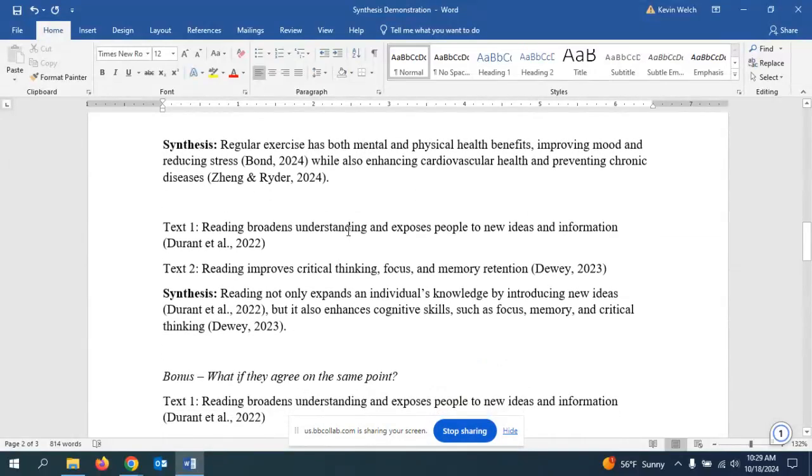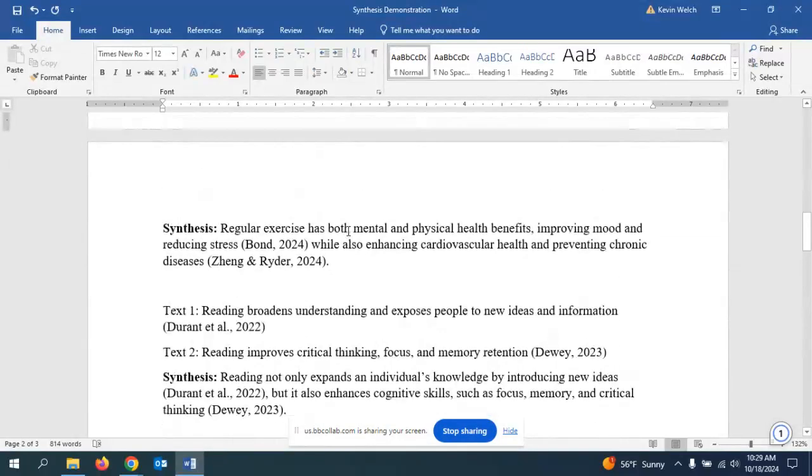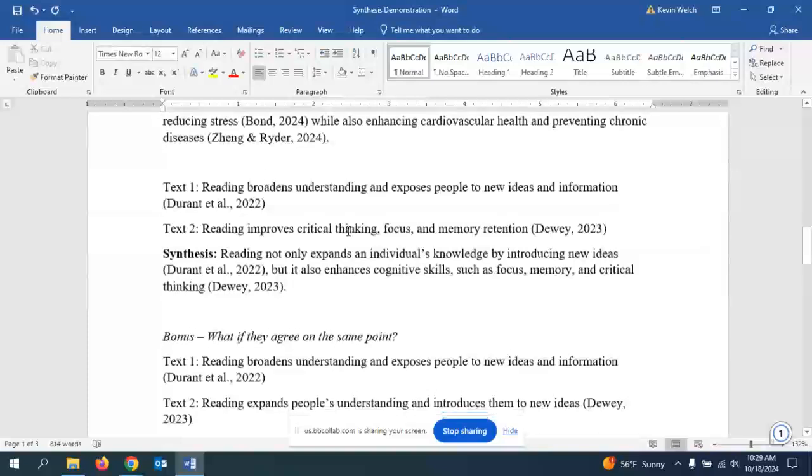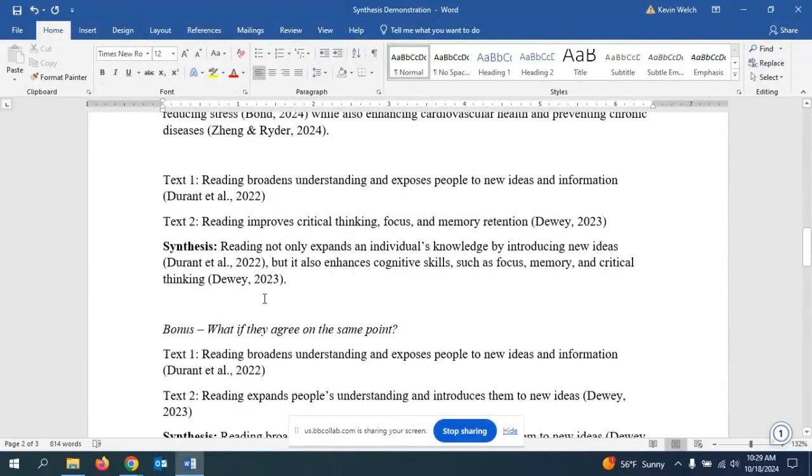So what you find when they are in agreement is that it tends to be easier to do the phrasing of the sentences. You just put the two pieces of information together and you quote or cite the authors. And the same thing, I did the same thing here for this example, which you can read on your own if you wish.